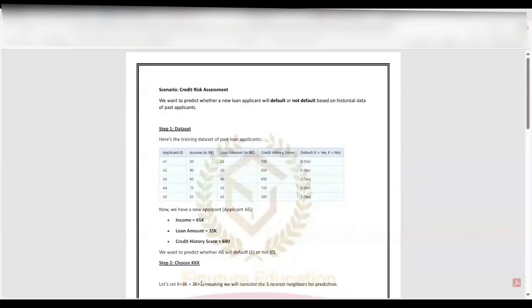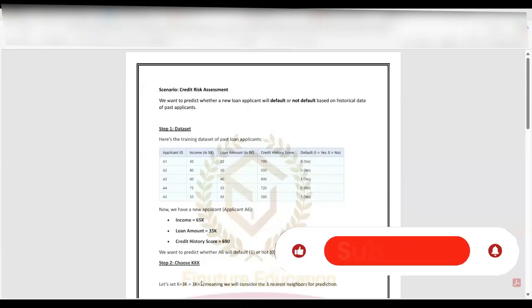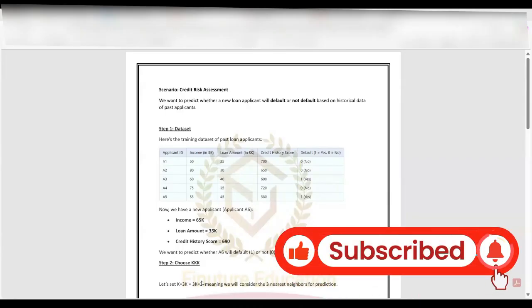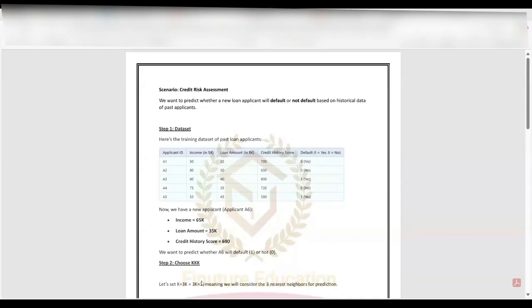We want to predict whether a new loan application will default or no default based on the historical data. Say your historical data or training data set is this one, wherein you have income in thousands of dollars, say $50,000 for this A1, and loan amount. What is the loan amount being requested?